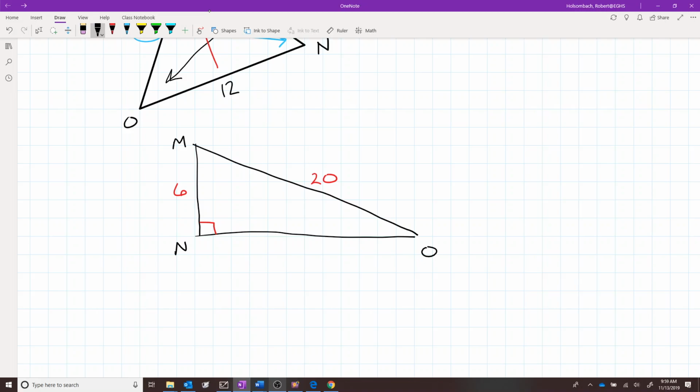Could you find side NO using the Pythagorean theorem? Yeah, you could. So you could find side NO using the Pythagorean theorem, because NO squared plus 6 squared would equal your 20 squared, wouldn't it? And after you found that third side, then you could order the angles, couldn't you? Alright, so you'll see problems like that. The problems are going to start off real easy, where they give you almost all the information, and then they're going to give you less and less information, and you have to solve the problem to get the information. Got it?